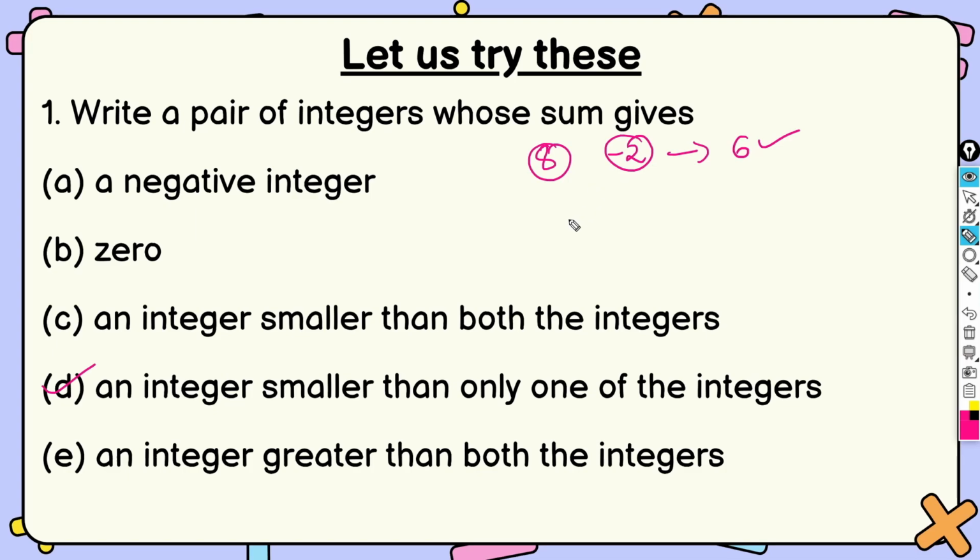If you take it in reverse, like 2 as the positive number and minus 8 as the negative number, the solution you get is minus 6. So this is also smaller than 2 and greater than minus 8. Thus, these are also pairs of integers whose sum is an integer smaller than only one of the integers.